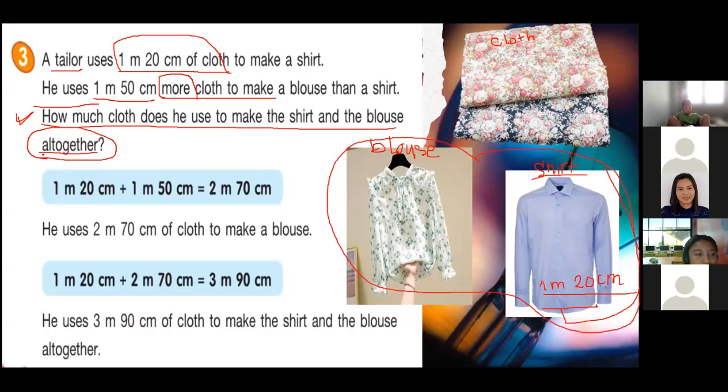Okay, so now I will give you the clue. The word here, the operation that we will use, we have the clue here: all together. If you encounter this word, the operation that we will use is plus. And if this word is left, what operation will we use?